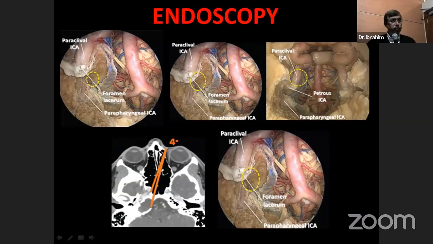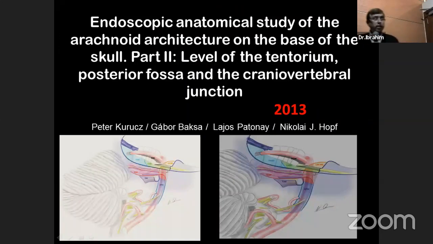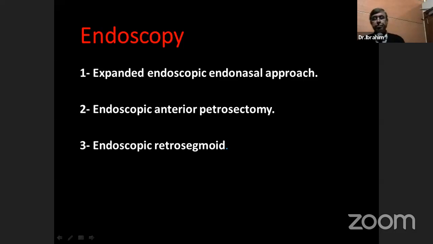So they started removing some of these tumors in this place. Also, they discovered and reported the endoscopic anatomy of the arachnoid, which again gives us further insight into what to do. Endoscopy can be endoscopic endonasal, endoscopic anterior petrosectomy, or endoscopic retrosigmoid.